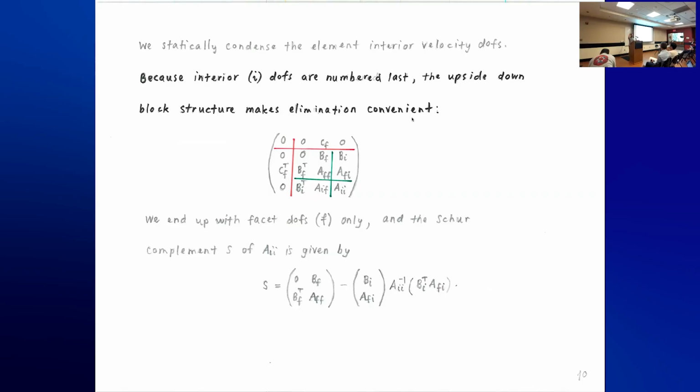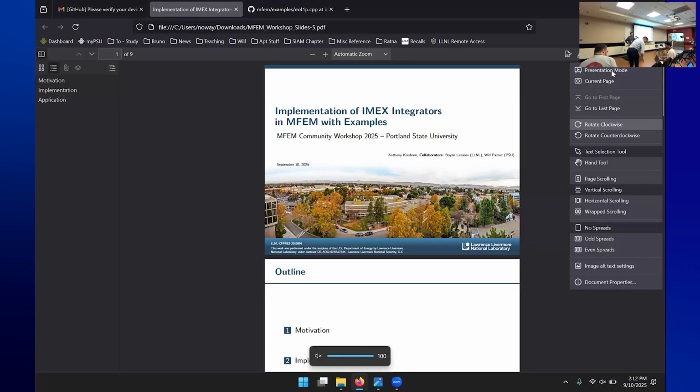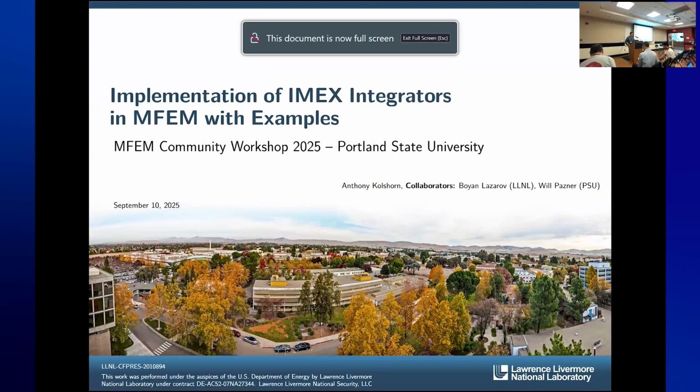So you might have wondered why I had CBA instead of the other way around. This is how we partition the matrix when we've separated the DOFs into facet and interior. And so we end up with just facet DOFs only, and the Schur complement of A_II is given here. That's it. Thank you very much.